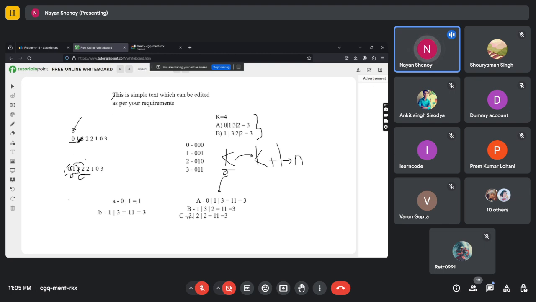Let's say I have marked the first subarray as A, the second subarray as B, this one as C, and this one as D. Now I'll explain how I came up with the proof.